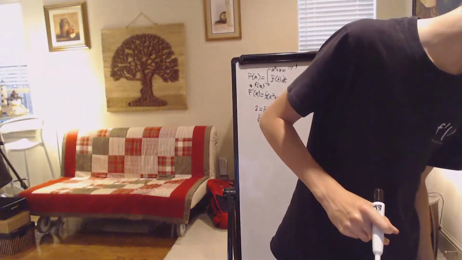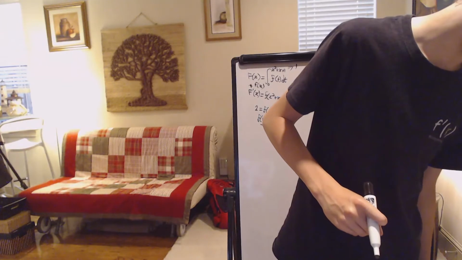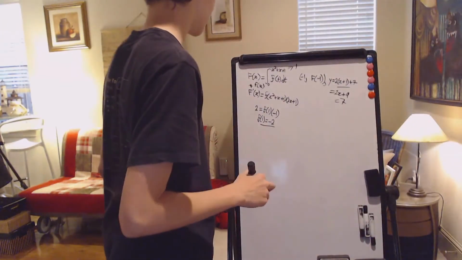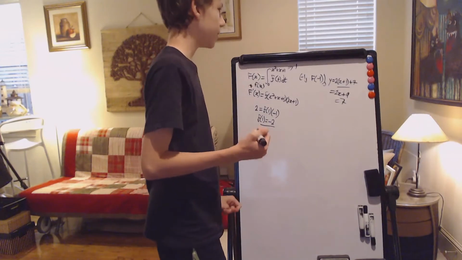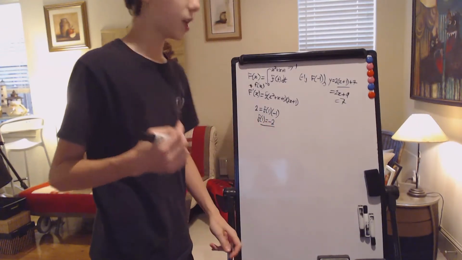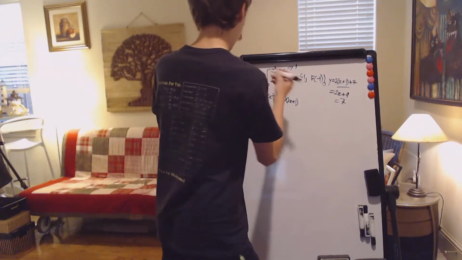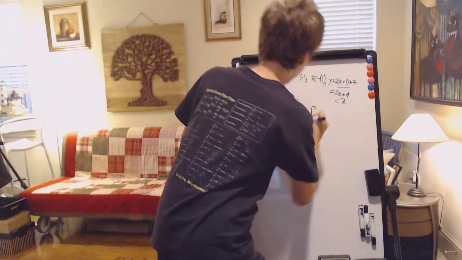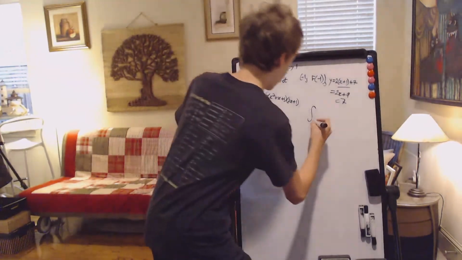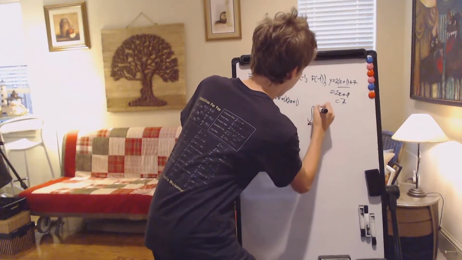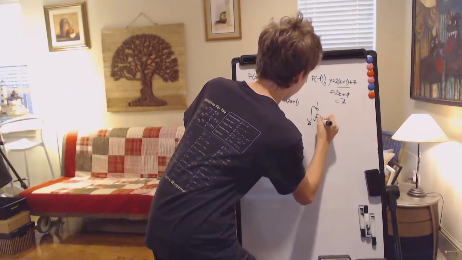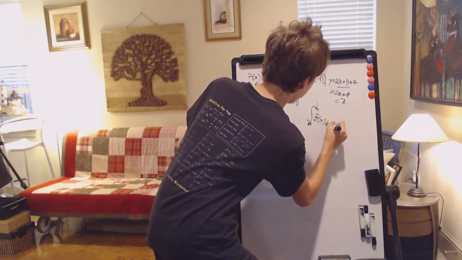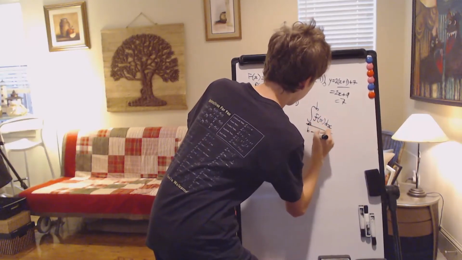This third one is the average value of f over the interval 0 to 1 equals 7. Let me define this for you. It's the integral from a to b of f of x dx over b minus a.